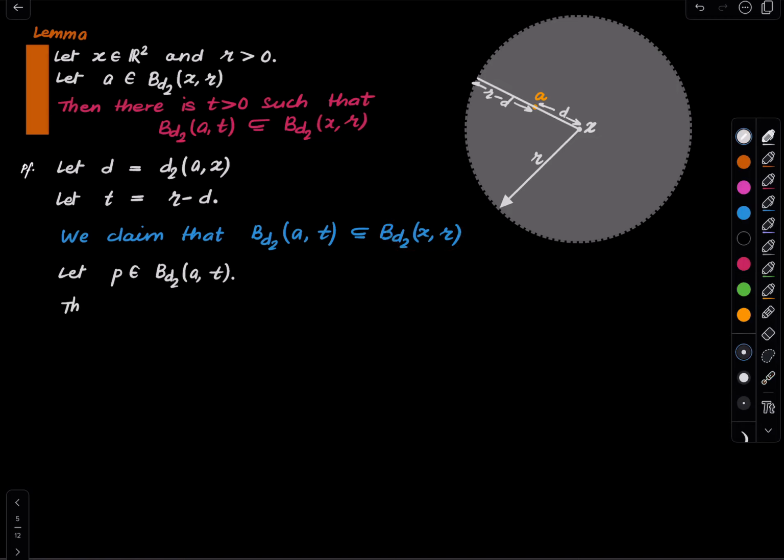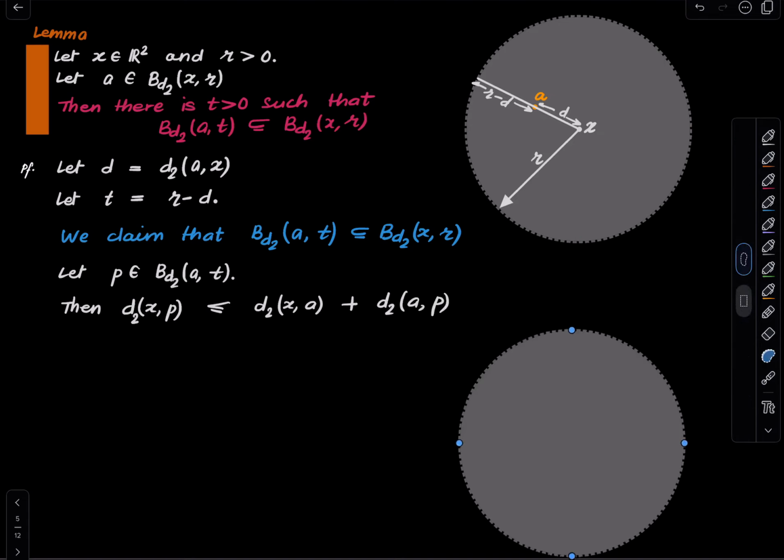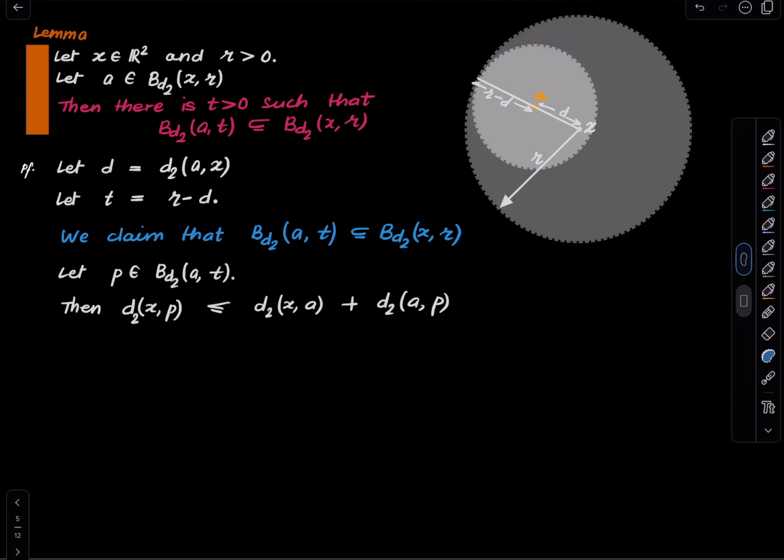So then the distance between P and X, let me write X and P. By triangle inequality, is at most the distance between X and A plus the distance between A and P. So in pictures, this thing is that ball, and if you choose a point P here, then all we are saying is that this plus that is at least that much.